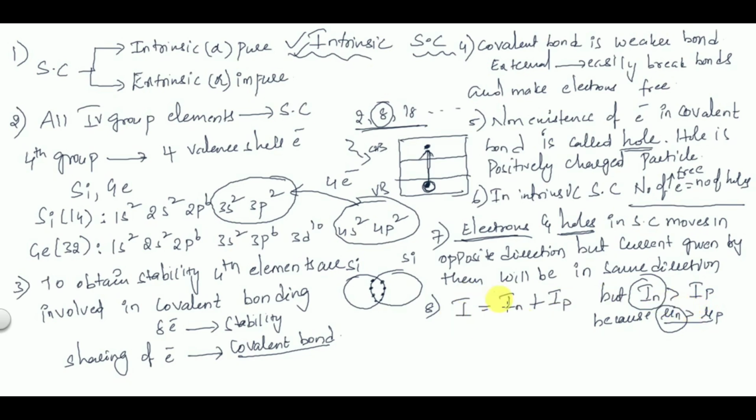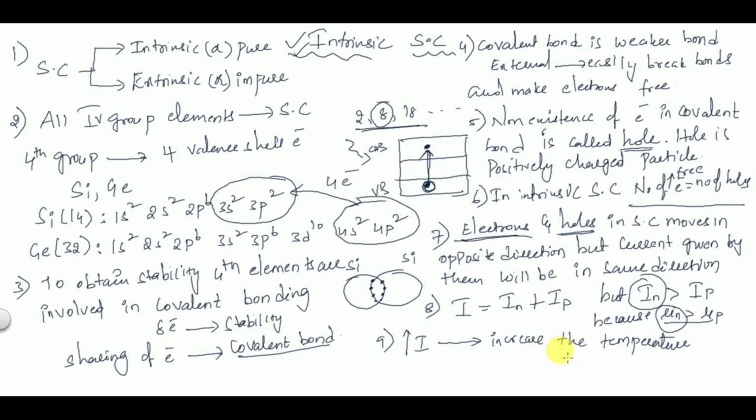This is an important point. The last point which you have to remember in intrinsic semiconductor is that to increase the conductivity, that is to increase the current in the semiconductor, you have to increase the temperature, or you can increase the external force also.